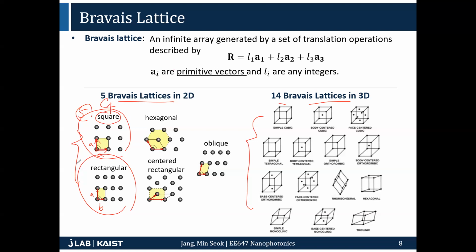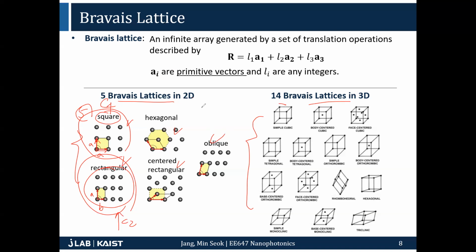What do you mean by C4 symmetry? If you rotate it by 90 degrees, it is the same, right? Whereas in the rectangular case, there is only C2 symmetry. C4 is not allowed because if you take a 90-degree rotation, you can immediately notice things have changed. So the way we group lattices or crystalline structures is based on symmetry operations, like what kind of symmetry is preserved in different types of lattices.